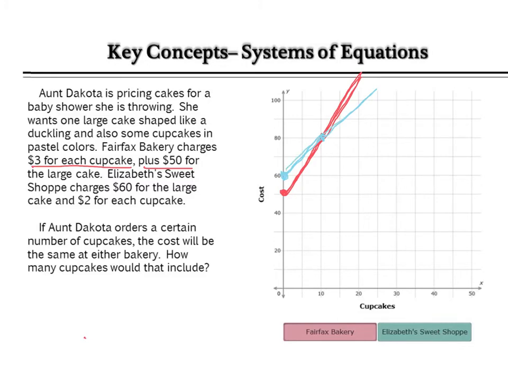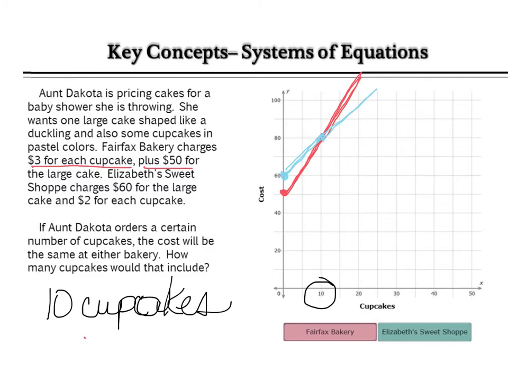So when it says how many cupcakes, it would be 10 cupcakes. If she wanted to order more cupcakes, she would want to go with Elizabeth's Sweet Shop. But the question is how many cupcakes would be at the point of intersection, and that would be 10 cupcakes. And that's how you do it.